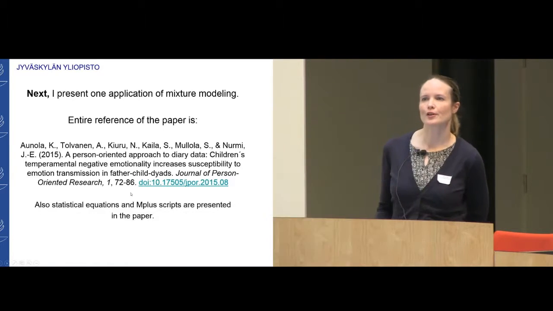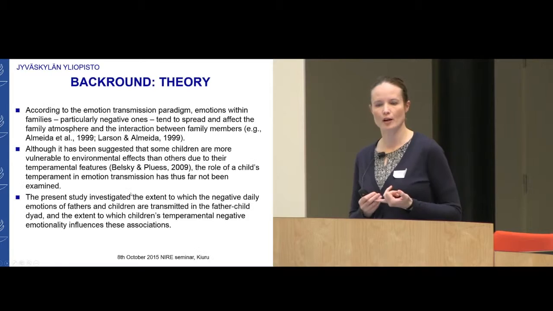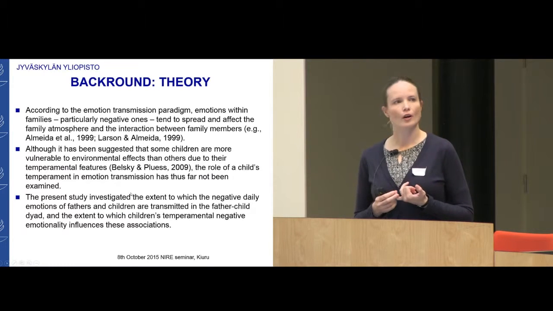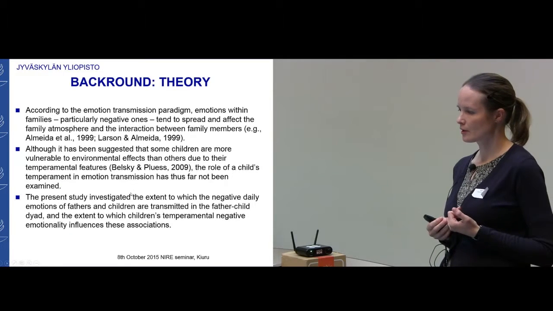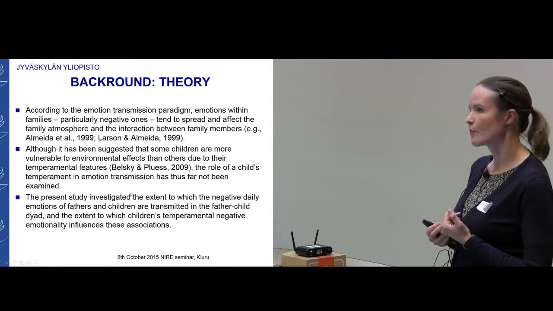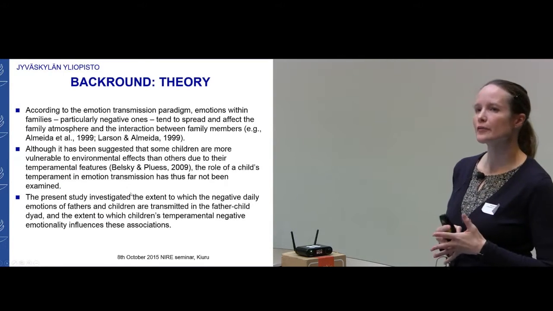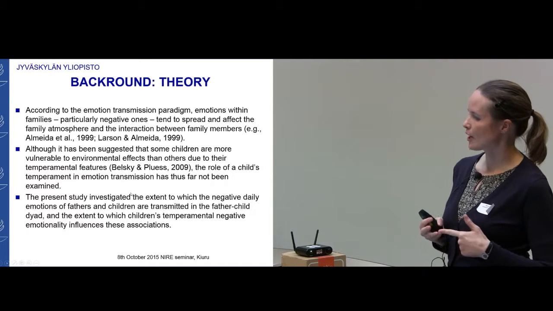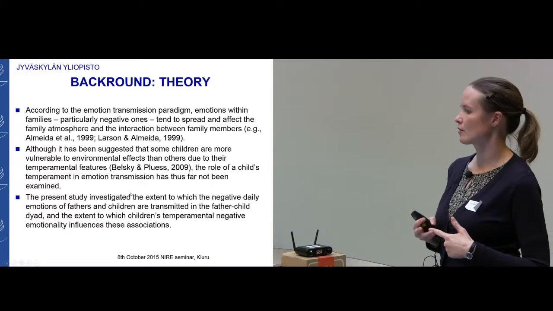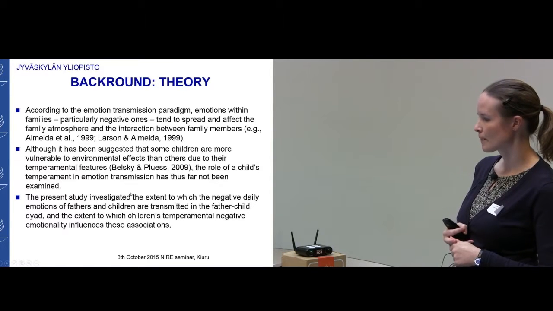Well, first some content-wise background. So according to emotion transmission paradigms, emotions within families, especially negative ones, there is a tendency that they spread and affect the family atmosphere and the interaction between family members.